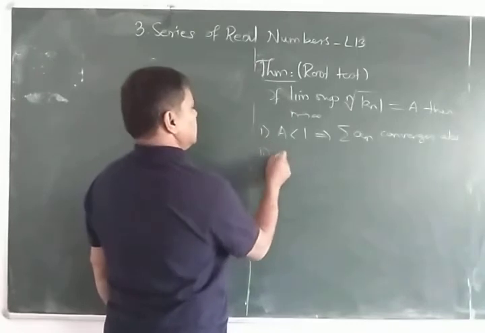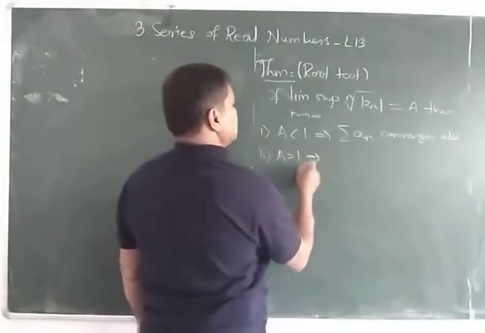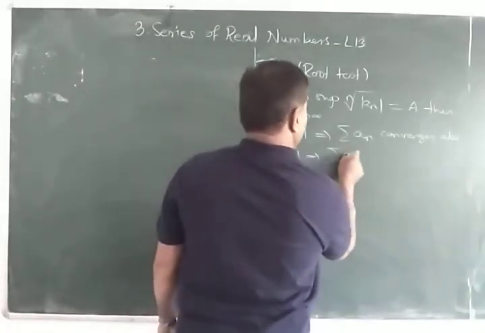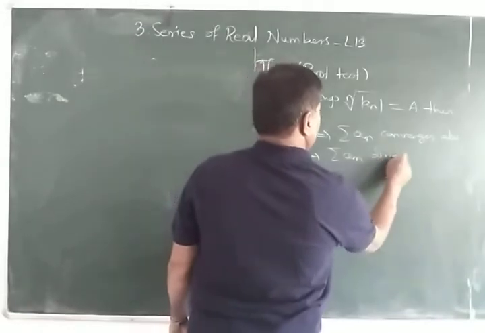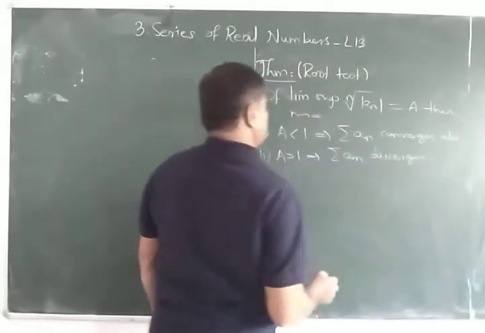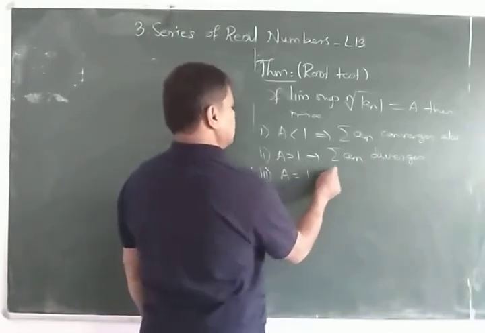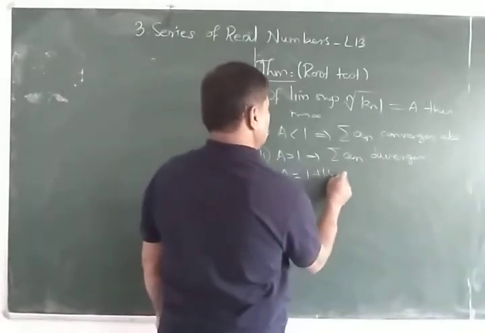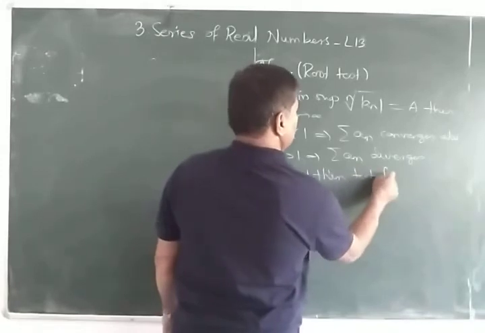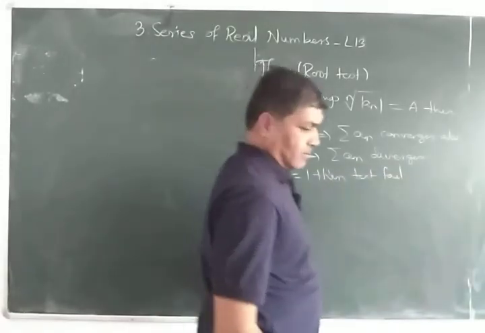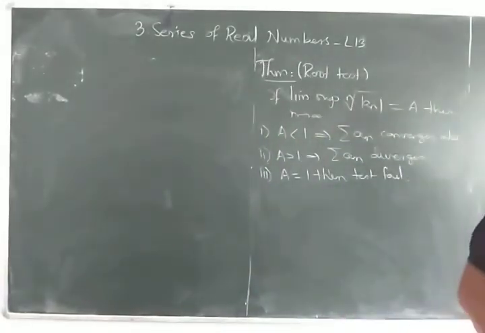Second, a greater than 1 implies summation of a_n diverges. And third, a equal to 1, then the test fails.